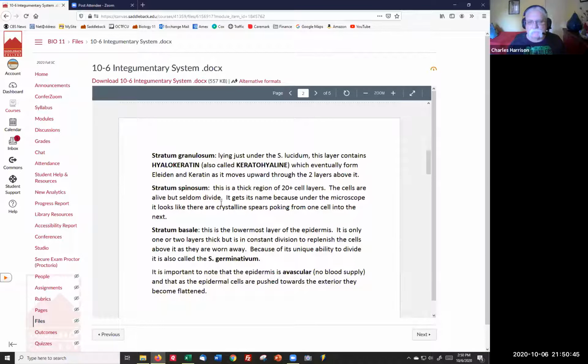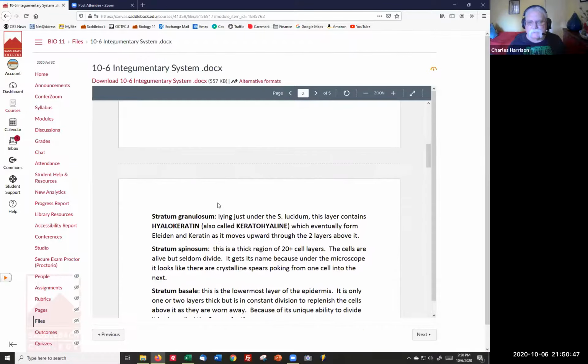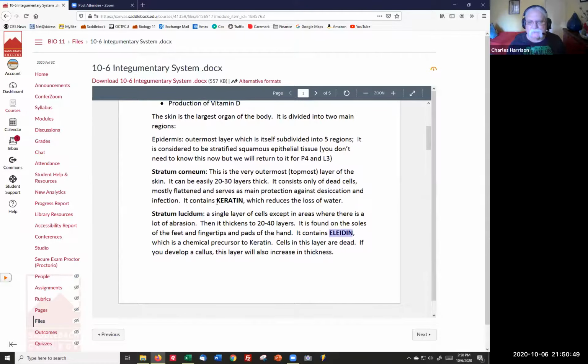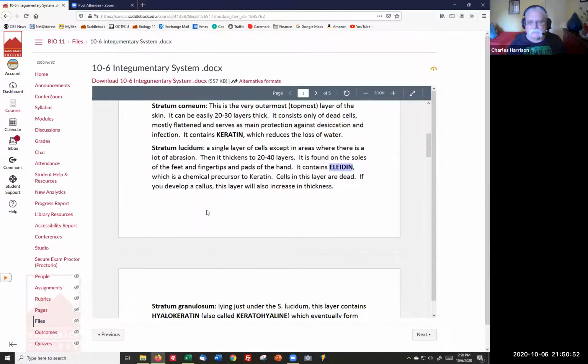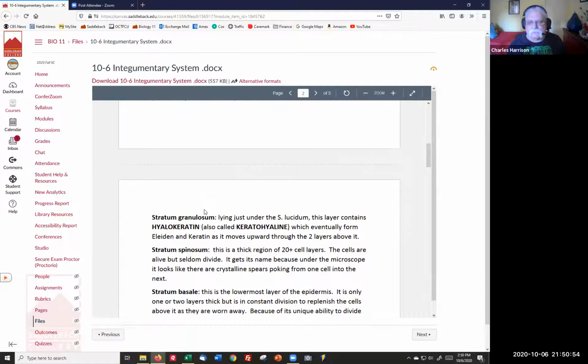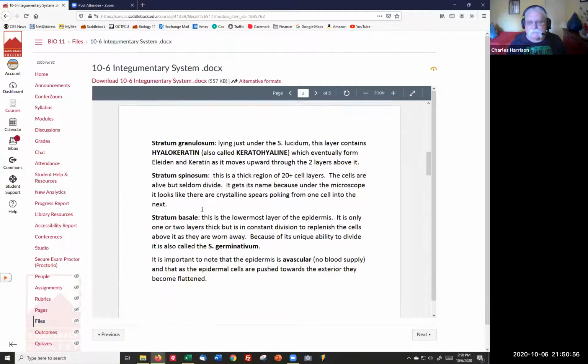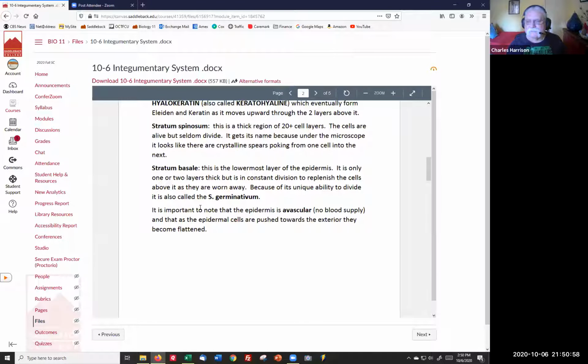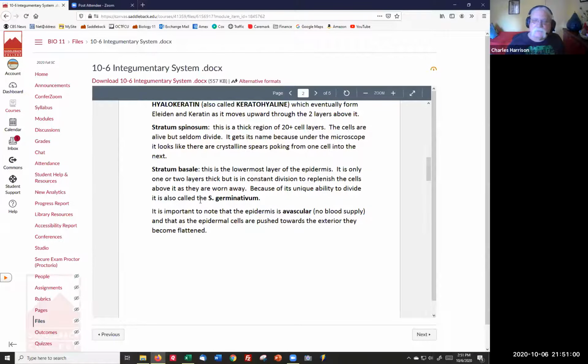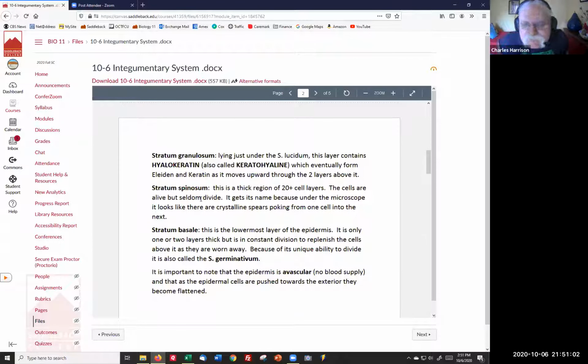Now, the first four layers, if we're counting from the outside, the stratum corneum, stratum lucidum, stratum granulosum, and, I'm sorry, the stratum spinosum. The first four layers are all composed of dead cells.